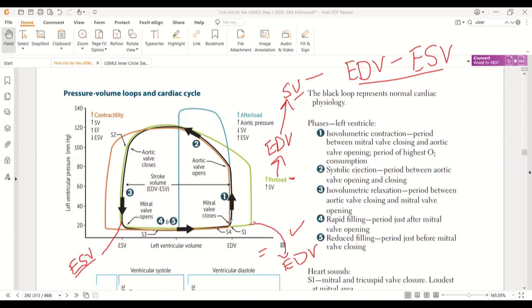This is the normal stroke volume, and this one is the stroke volume when you are giving the IV fluid. So what will happen to the stroke volume? You have to identify this kind of pressure volume loop or curve in the exam. They give you four or five of this kind of curve. Can you identify this kind of question?